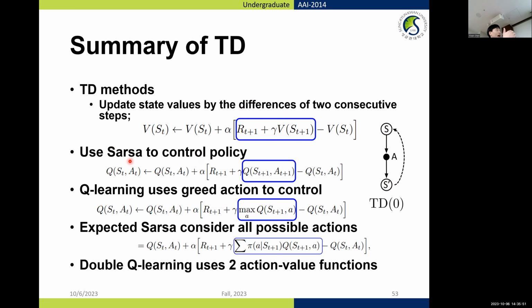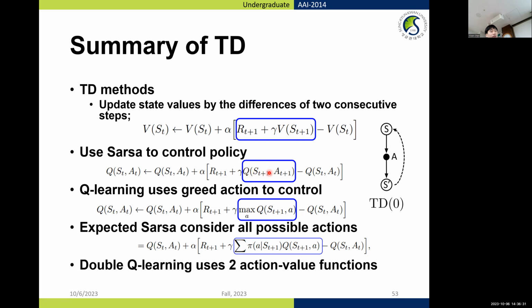Now we want to not only update the state, we also want to control the policy. So we move to Q and use SARSA to control the policy. SARSA is the same concept as TD0, the difference is that TD0 updates the state value, and SARSA updates the action value Q. SARSA is an on-policy method.